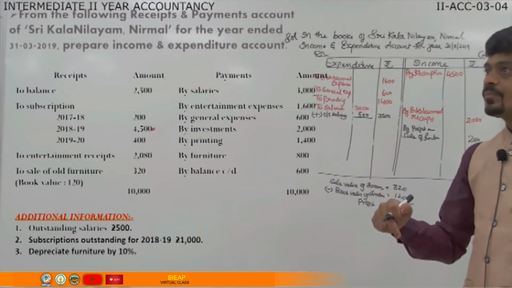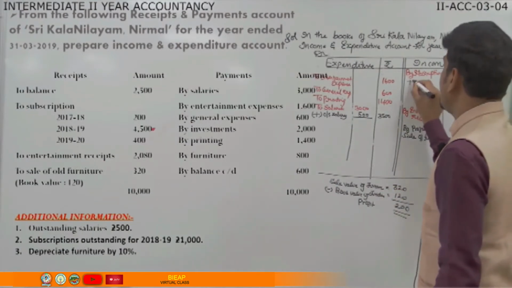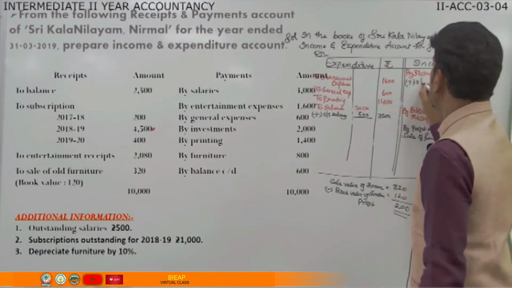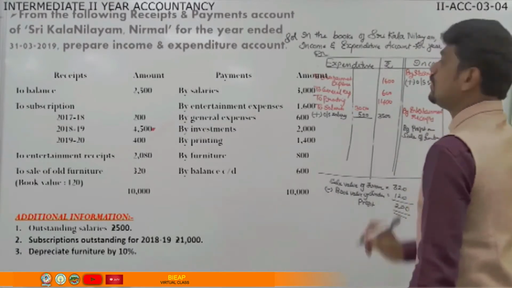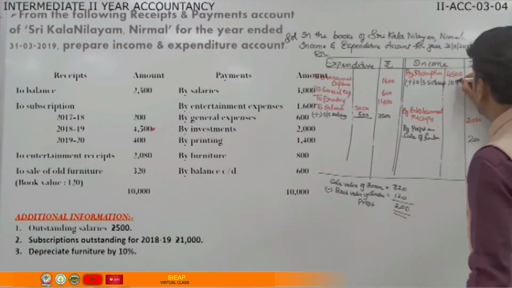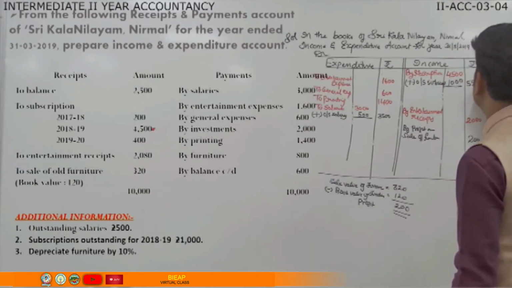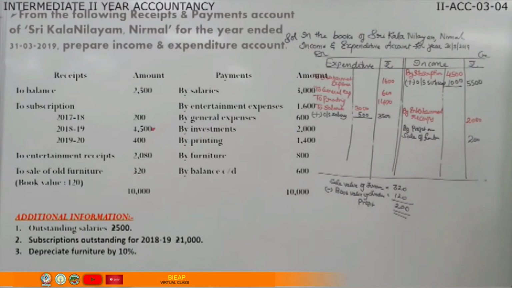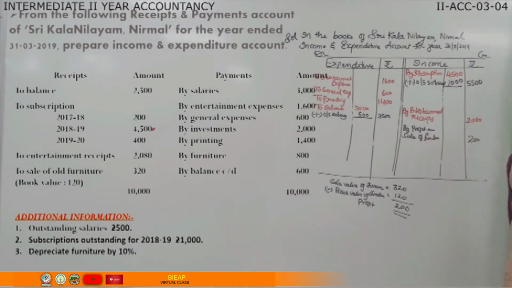Current year. What to do with current year subscription? I thought yesterday. Add. So add outstanding subscription. How much is outstanding? 1,000. If we add 1,000, the amount is 5,500.